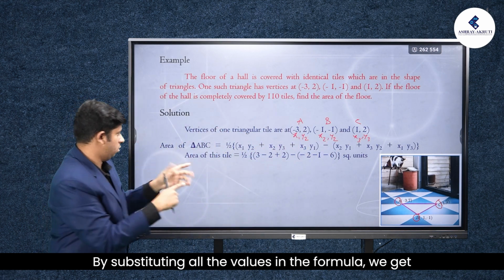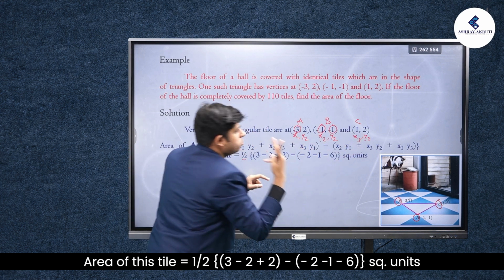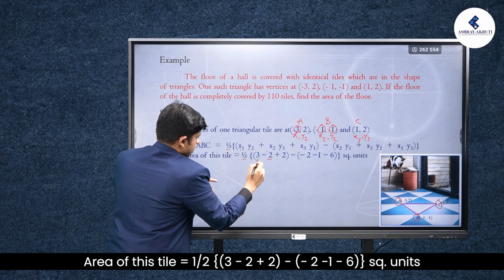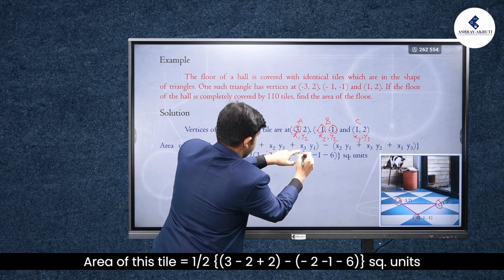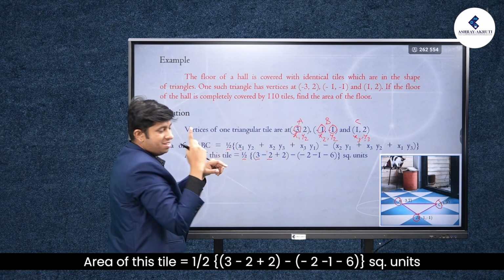By substituting all the values in the formula, we get area of this tile is equal to half into 3 minus 2 plus 2 minus of minus 2 minus 1 minus 6 square units.